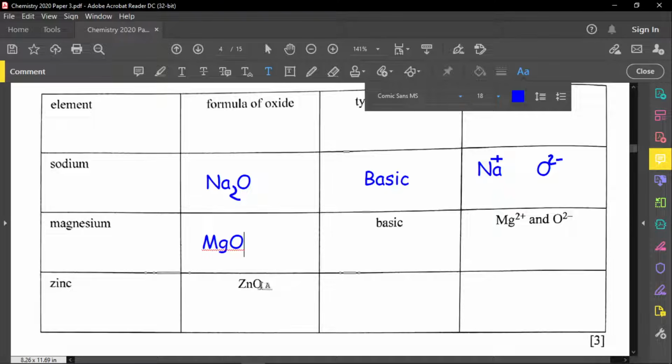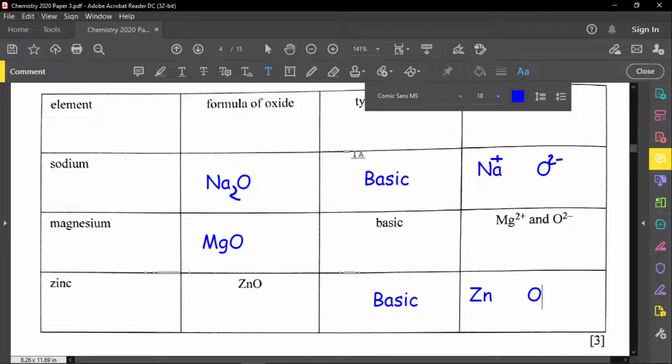Now, zinc oxide. Again, zinc oxide is also basic in nature. I'm going to tell you why they're all basic in nature. The ions that are present in zinc oxide will be Zn and oxygen.